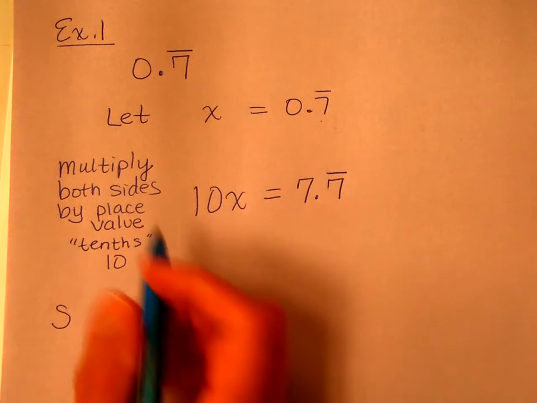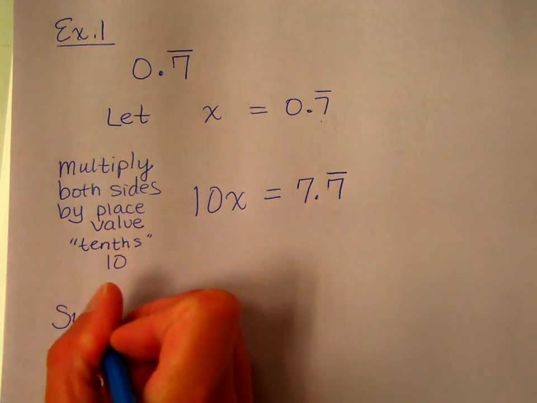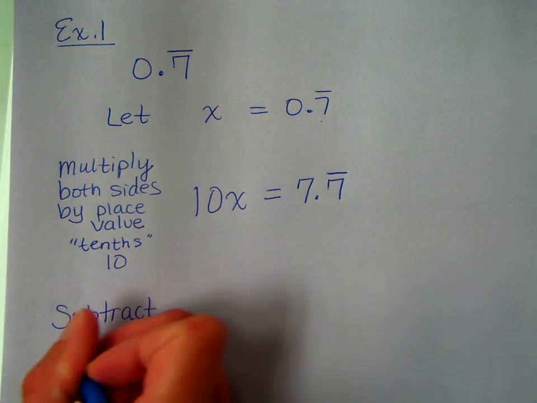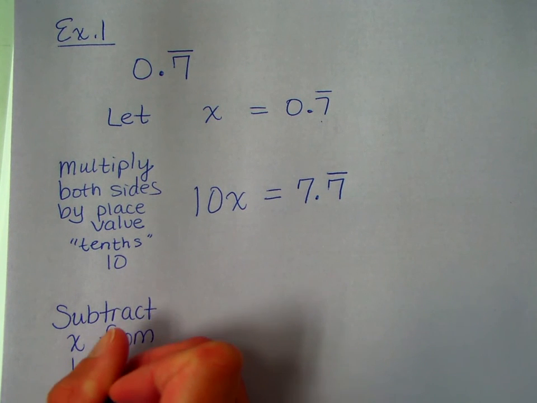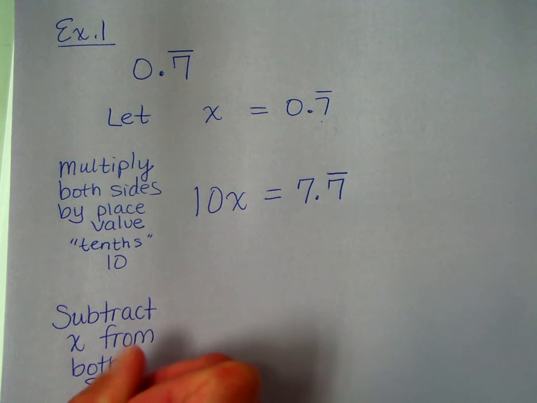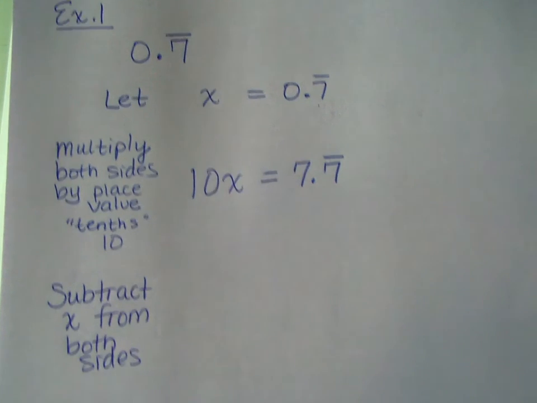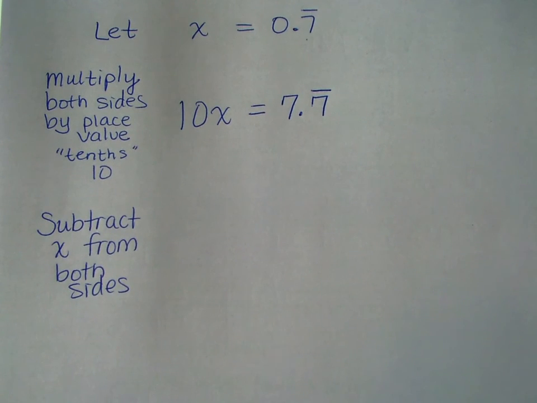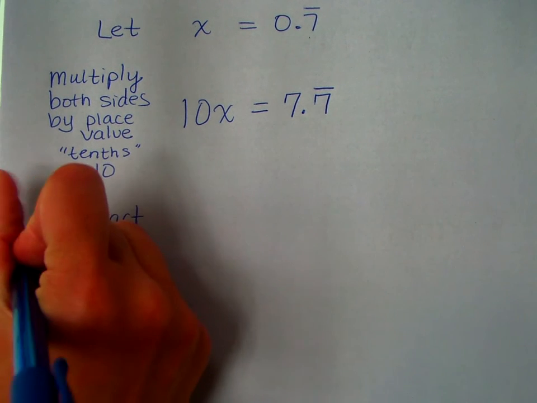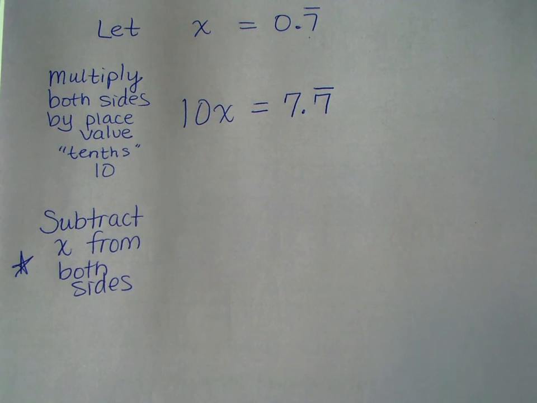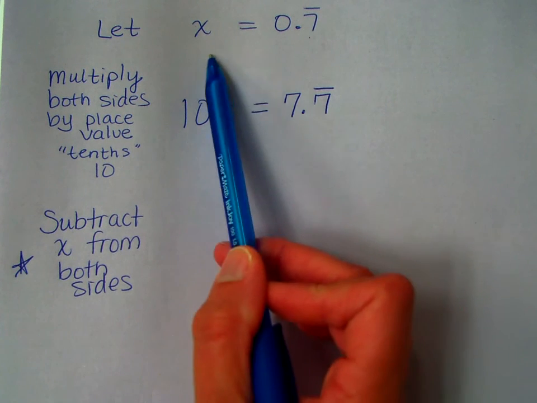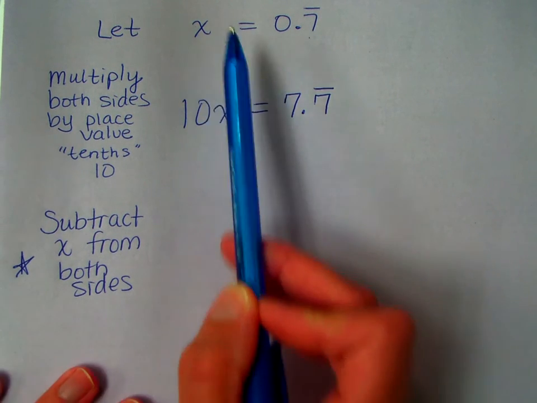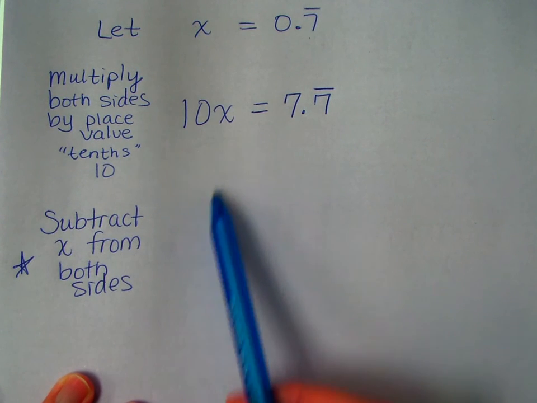What we're going to do is subtract x from both sides. This is kind of an important step here that we want to remember. Okay, and from up above, I'm going to subtract x on this side to keep it with like terms.